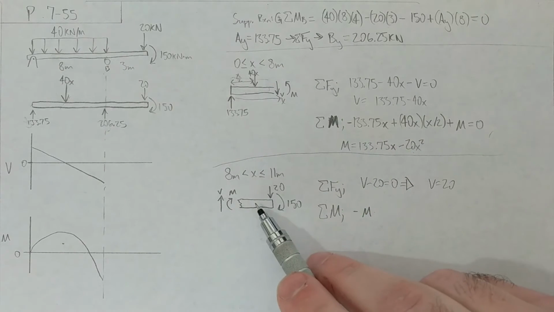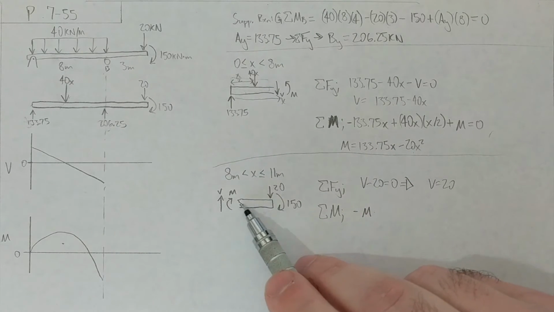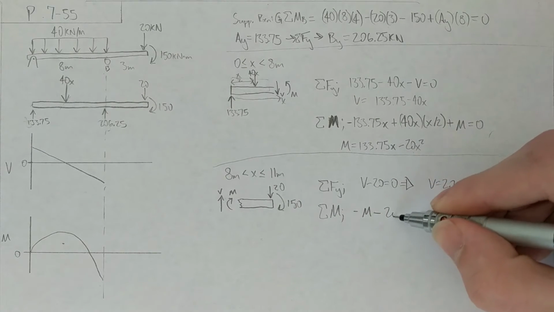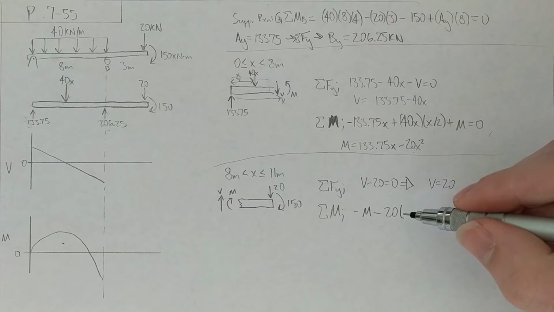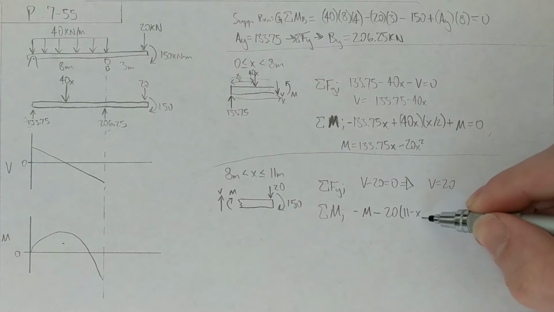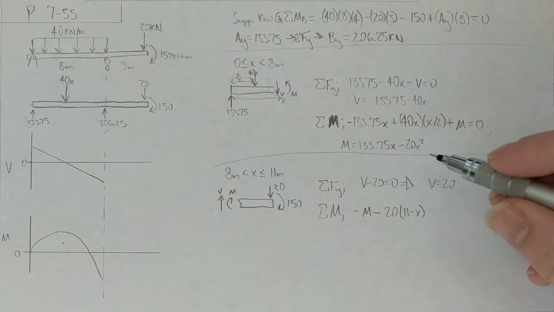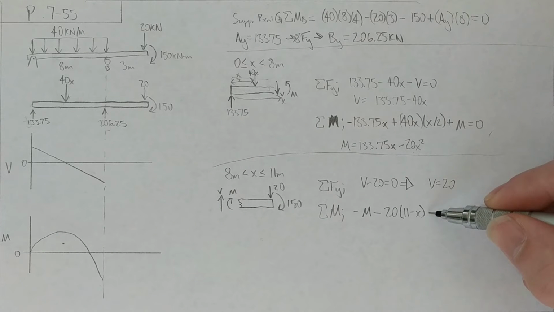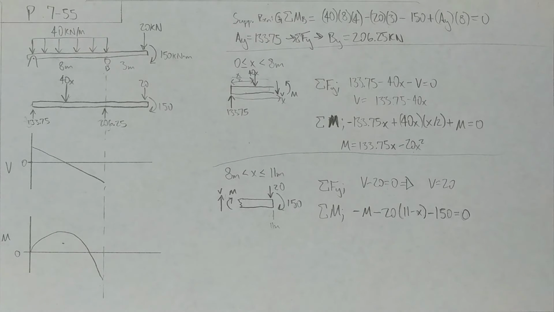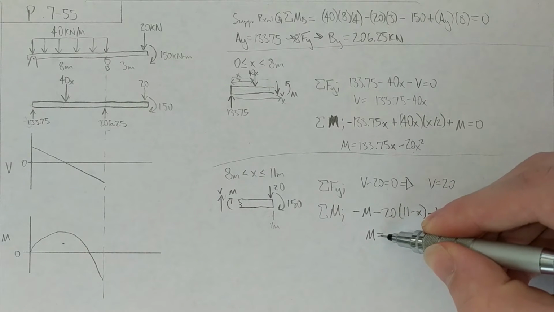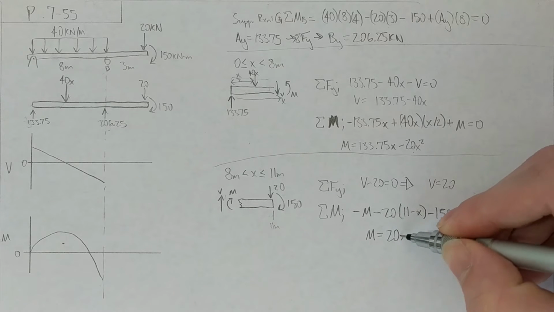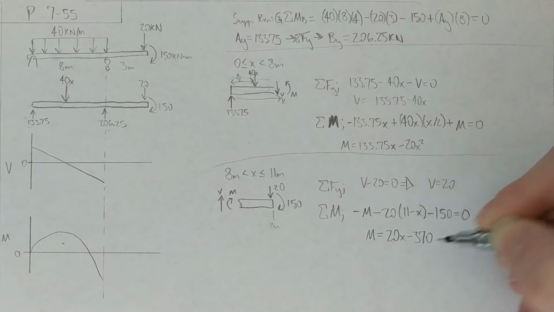So minus M minus 20 times the full length, 11, minus your x, and then minus 150 equals 0. Alright, and that eventually works out to M equals 220x minus 370.